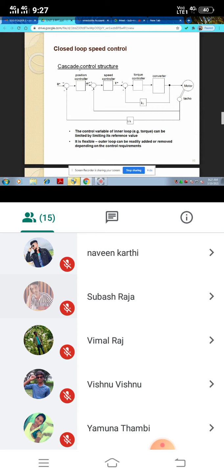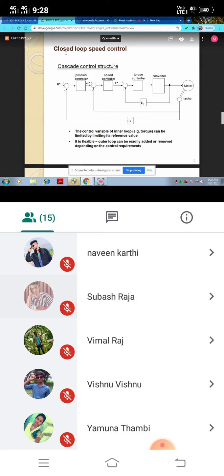Closed loop speed control means one design or technical concept making a closed loop format, where the output is given back to the input for checking the corrective output. That concept is called closed loop speed control. Okay, this is the heading explanation.